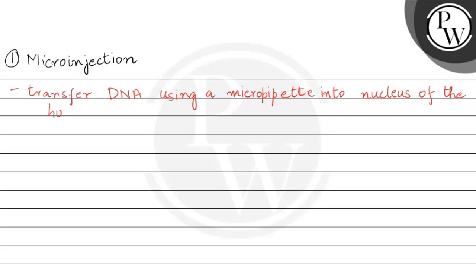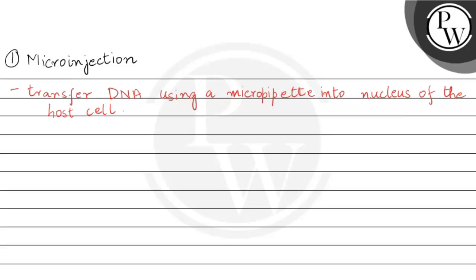So microinjection is a method in which we utilize micropipettes. The gene of our interest can be transferred with the help of micropipettes, and these micropipettes can be injected into the nucleus of the host cell, and therefore we can directly transfer the DNA or the gene of our interest into the nucleus of the host cell.